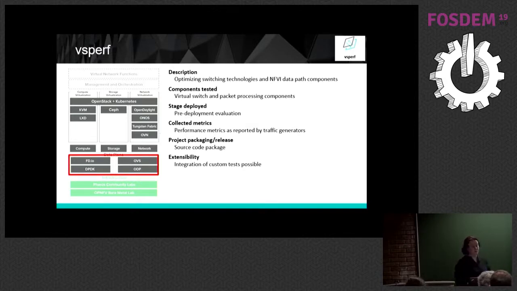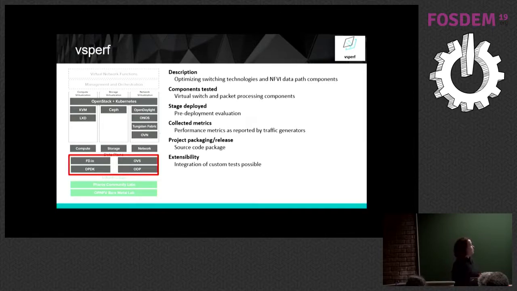This is done before you start deploying any kind of VIM on top of it. This is base level performance tuning for vSwitches. There's a number of vSwitches supported, but also you can use VSperf with a number of different traffic generators to actually do the load testing on the vSwitch.